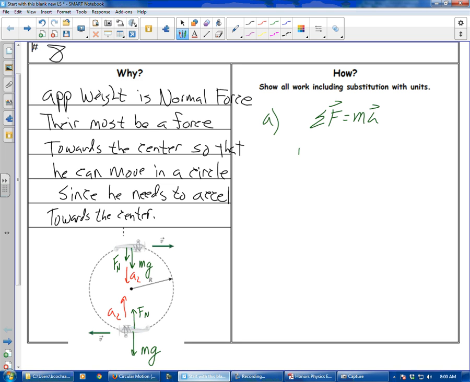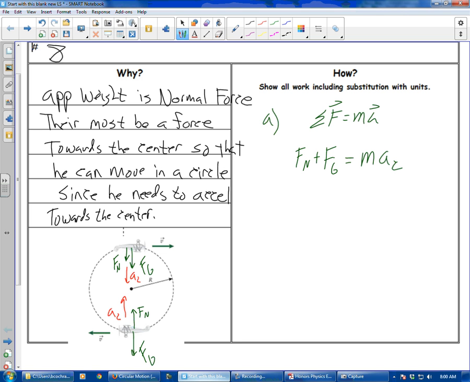So in this case, I have force normal plus his weight, which we can label as F sub G. I don't know why I put mg this morning in here. It should be F sub G. Sorry. Definitely Friday morning. Equals his inertia times the acceleration, which is centripetal.